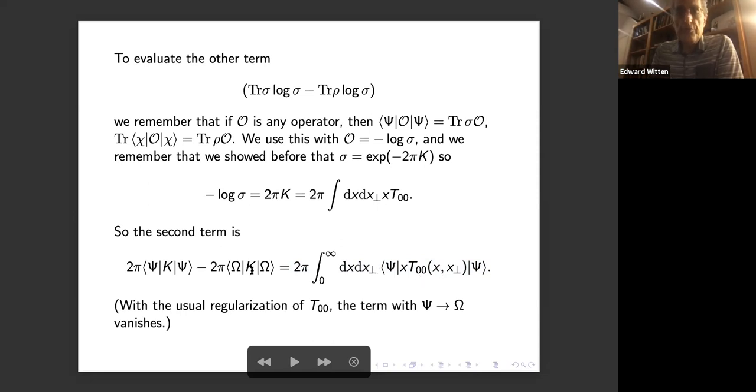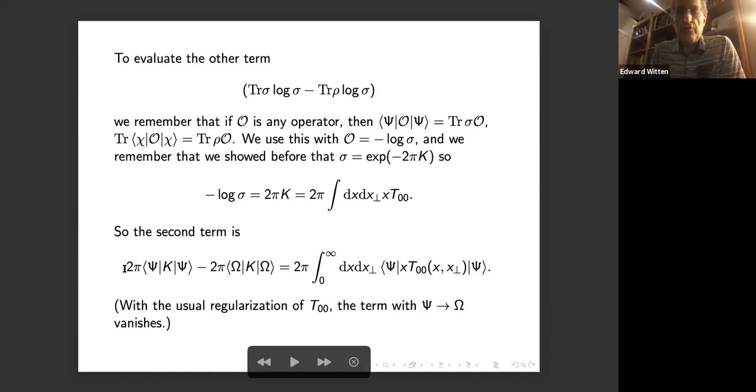Now I should, in principle, subtract the same thing for the vacuum, but with the usual normalization, regularization of t00, its vacuum expectation value vanishes. So the term we subtract is 0. The effect of making the subtraction is that the regularization doesn't matter. If I write this formula without the vacuum subtraction, I have to tell you that t00 is defined to be 0 in the vacuum.